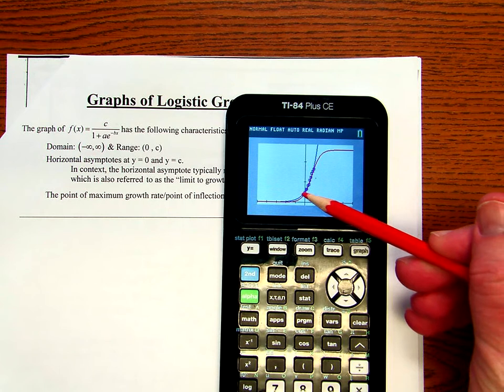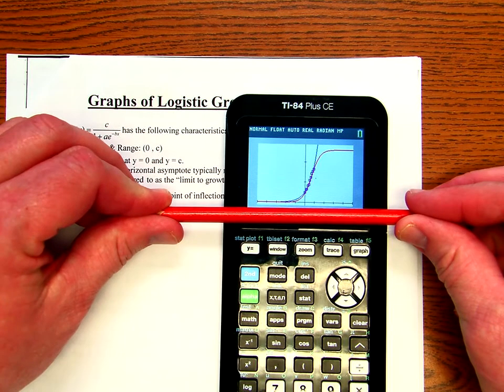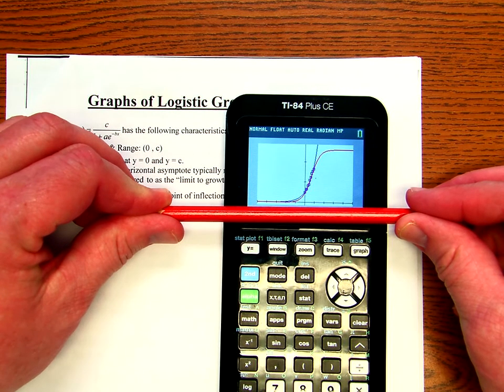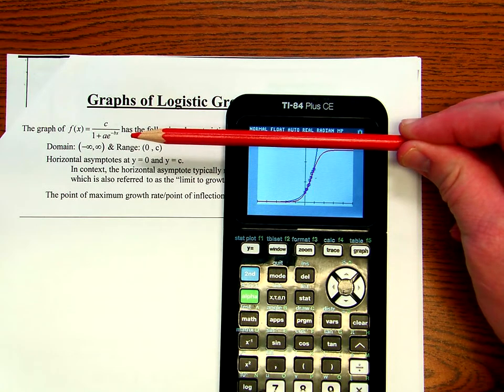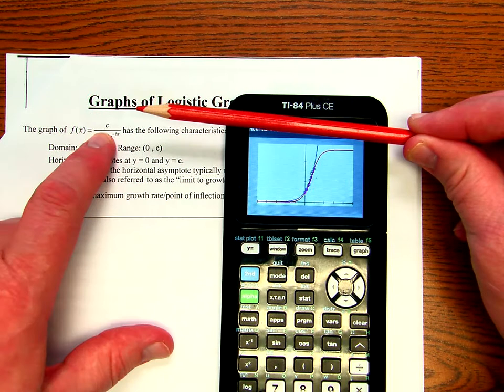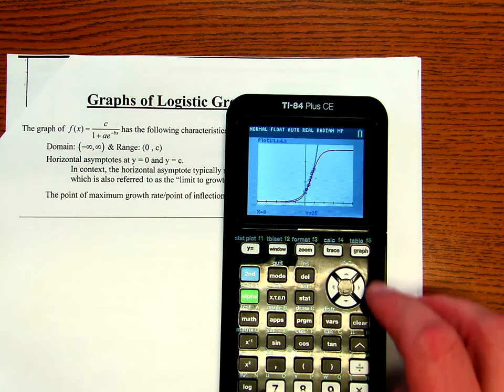Okay, the graph is never going to go below the x-axis. It turns out that the x-axis is the horizontal asymptote for this graph. And the graph is never going to go above the other horizontal asymptote that it has, which corresponds to that C up top.